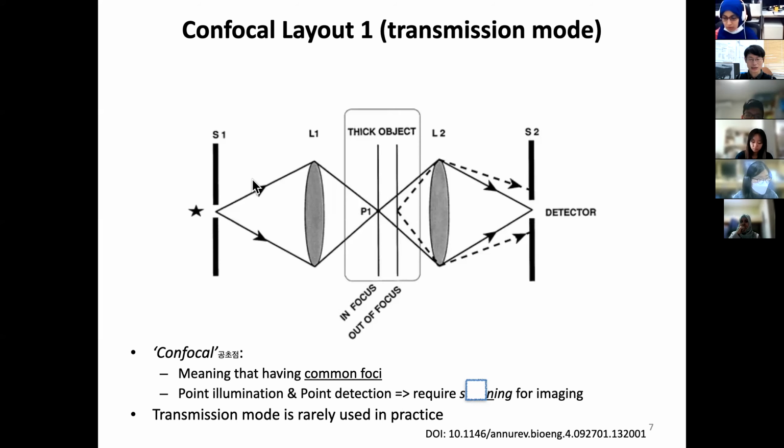And here what you can see is point illumination and point detection. So the information you are getting is really one point at a time. But you want the full object. So how can you do it simply? Now you are getting information of this point P1. How can you get all the points in 3D of this thick object?